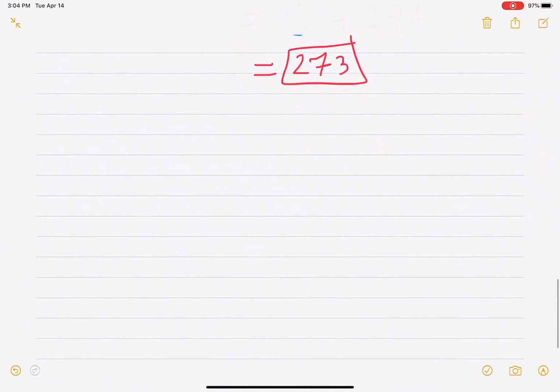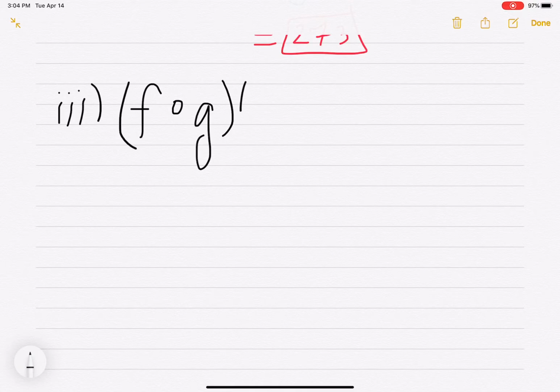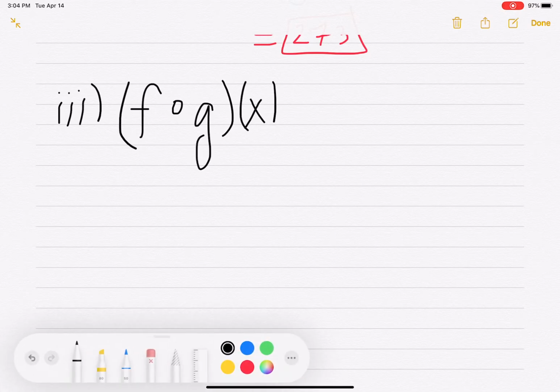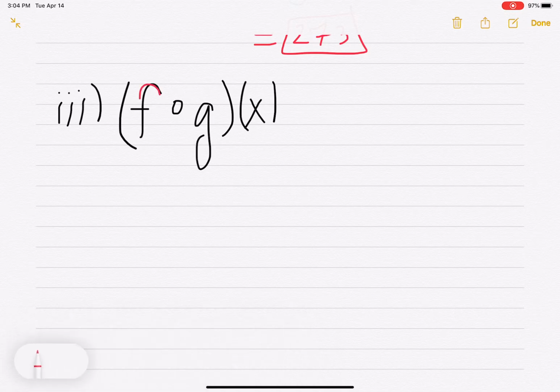All right, let's just do this in general. What would, for example, number 3, F circle G of X be? This time no numbers, right? No numbers getting plugged in, just an X. Well, I got my red F function.